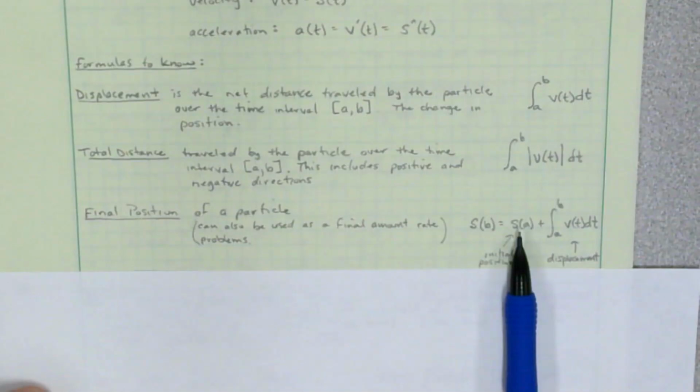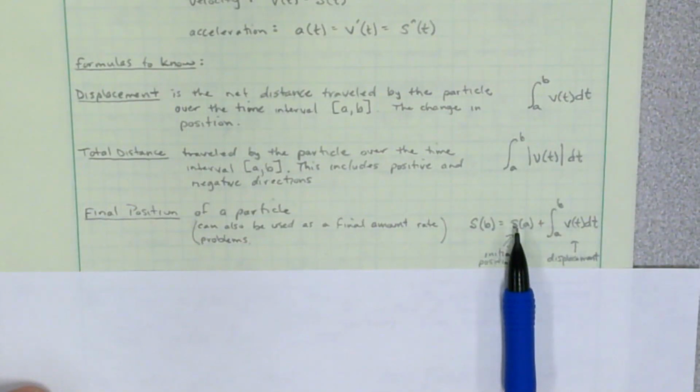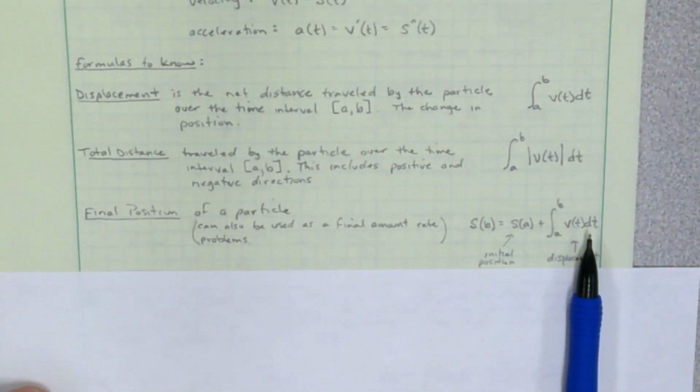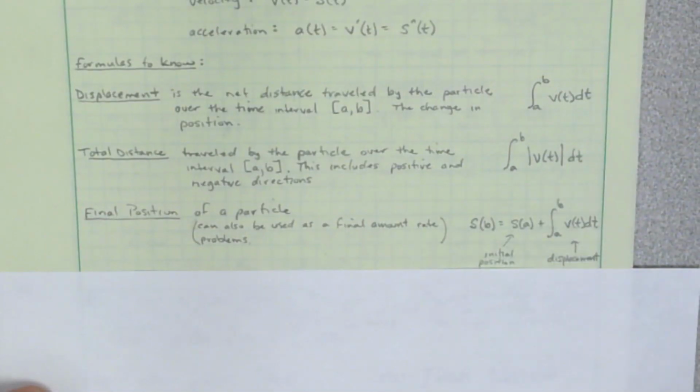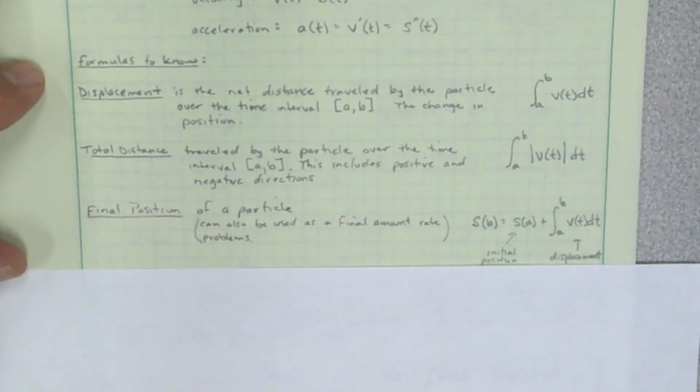So from this point I'm starting at, travel through that distance in a straight line. So it's your initial position plus the displacement that will get you your final position. Okay, so you need to know those questions right there, and that's going to help us answer our next question.